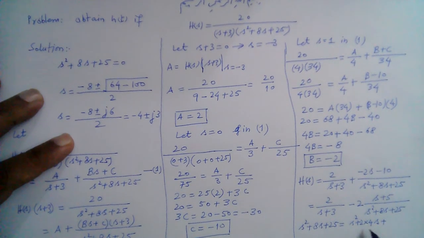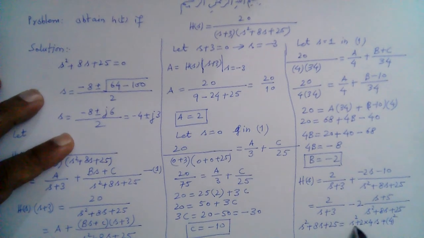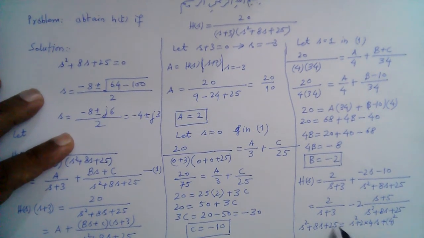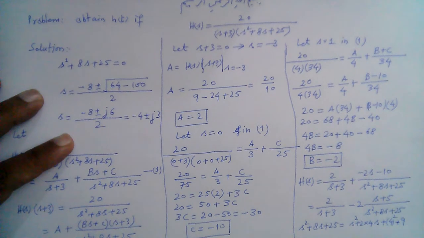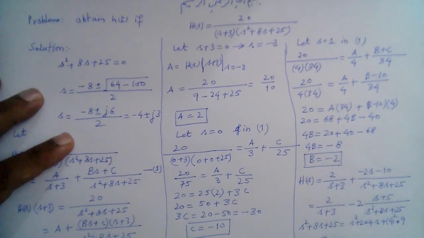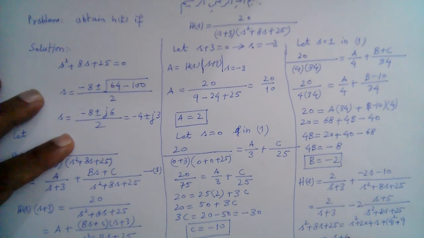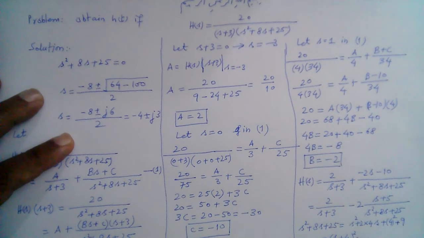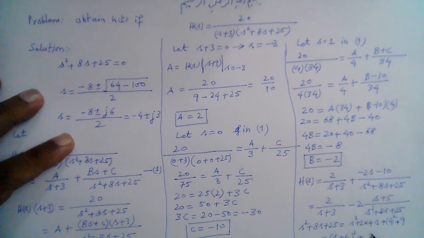And with this 4s, this 4 squared will give us a squared term, right? And this is 16, but we need to have a 25 here, so we are left with a 9 here. So this can be written as s plus 4 squared plus 3 squared, right?